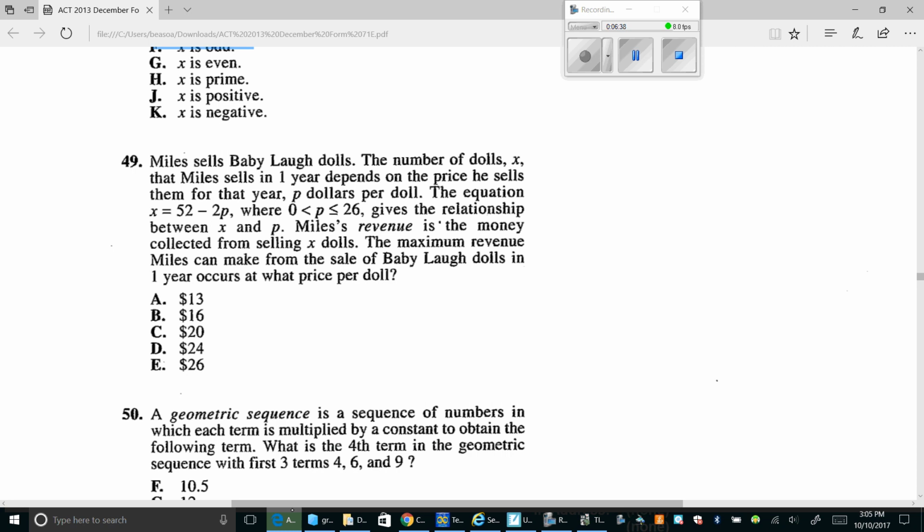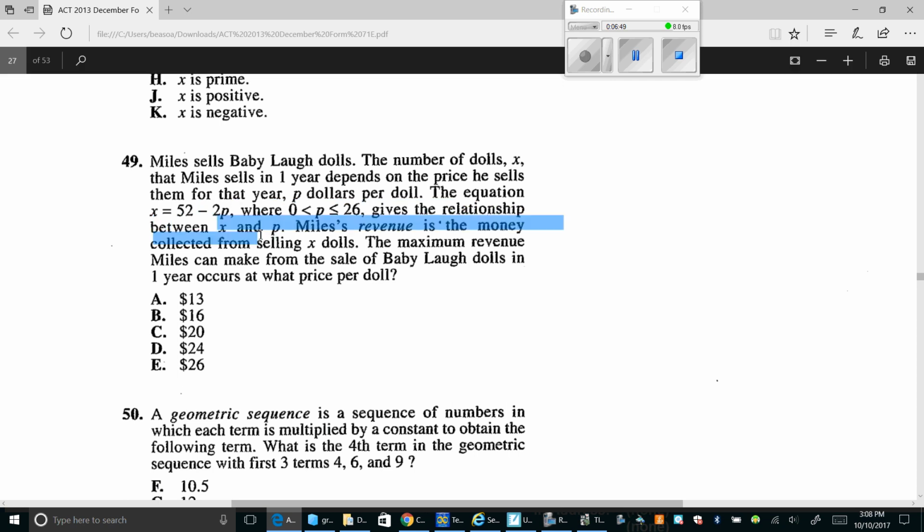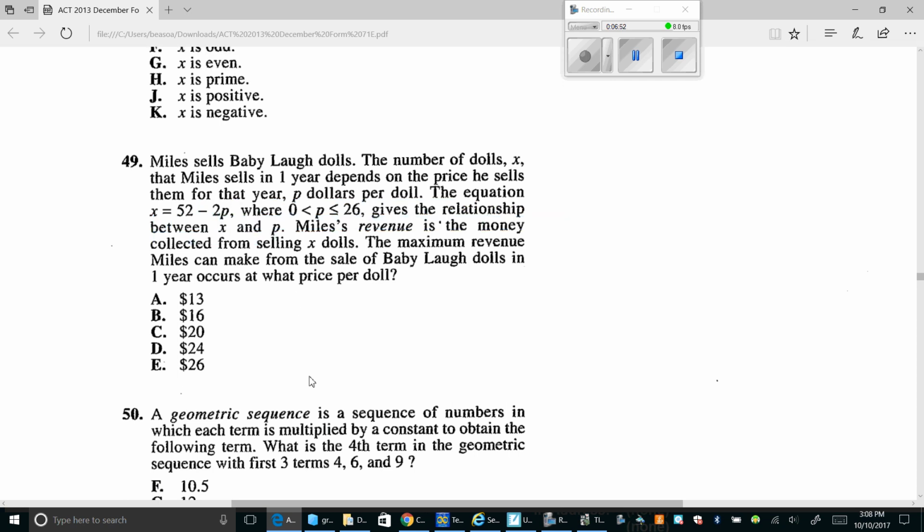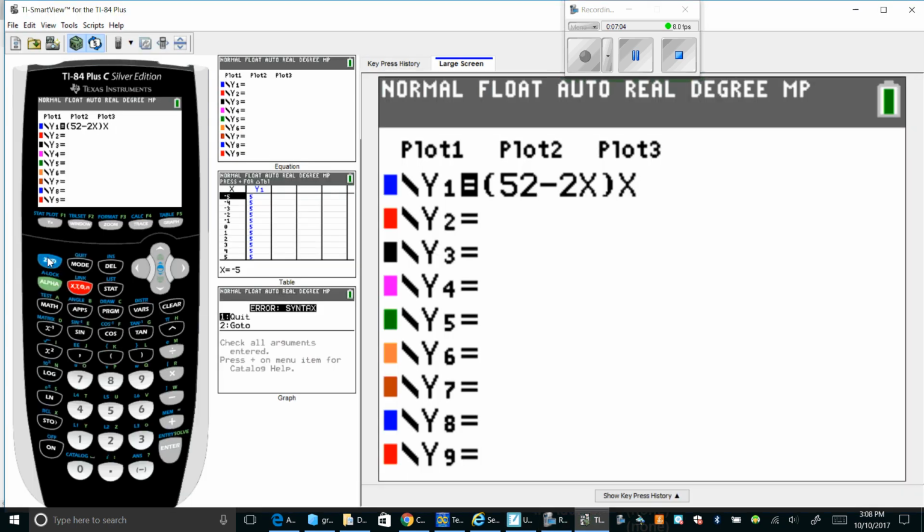So in that case, I did this on the calculator and took a look at it. I saw that they were making 52 minus 2p, where p is how much per doll, and then they were going to sell x dolls. So what if we did 52 minus 2p times x to look at how much money they would make?